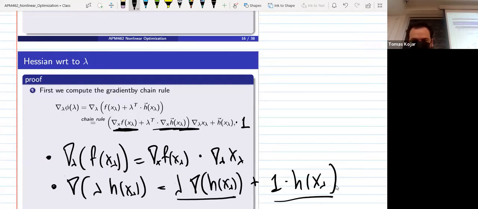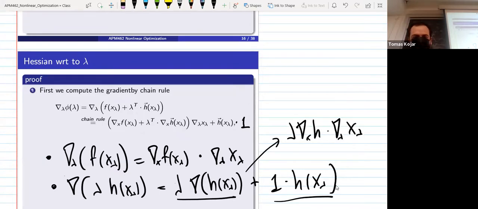And then this guy, I did the chain rule again. So I got lambda times the gradient of h times the gradient of x of lambda. Okay, so 1, 1, 2, 2. Is that okay? All right, good.